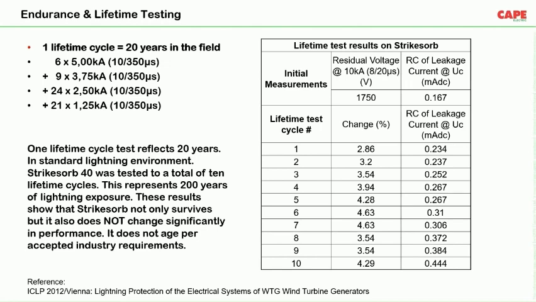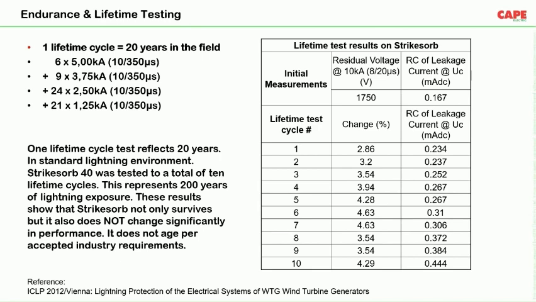On the right side, you can see a table. What was the outcome when we did this testing on Strikesorb 40? The residual voltage, that means the voltage protection level, you can see the change in percentage. After the first lifetime test, it was 2.8%, second 3.2%, and in the 10th test, the change was only 4.29%.